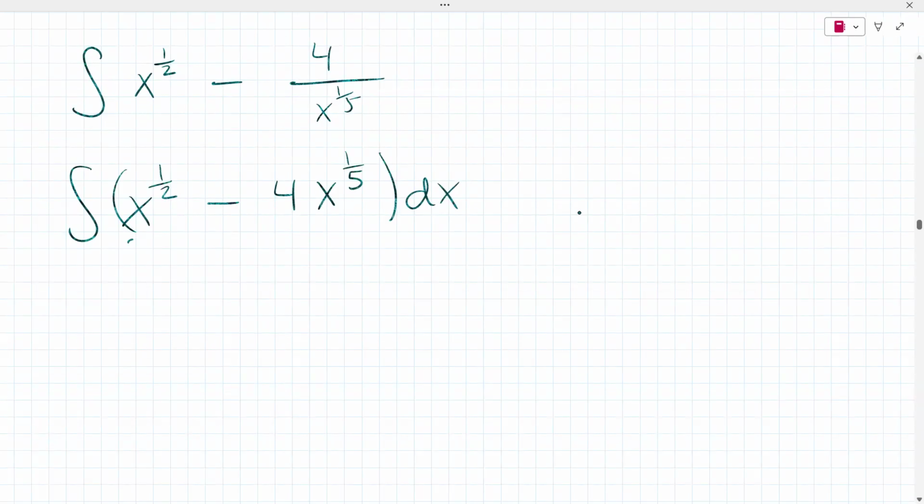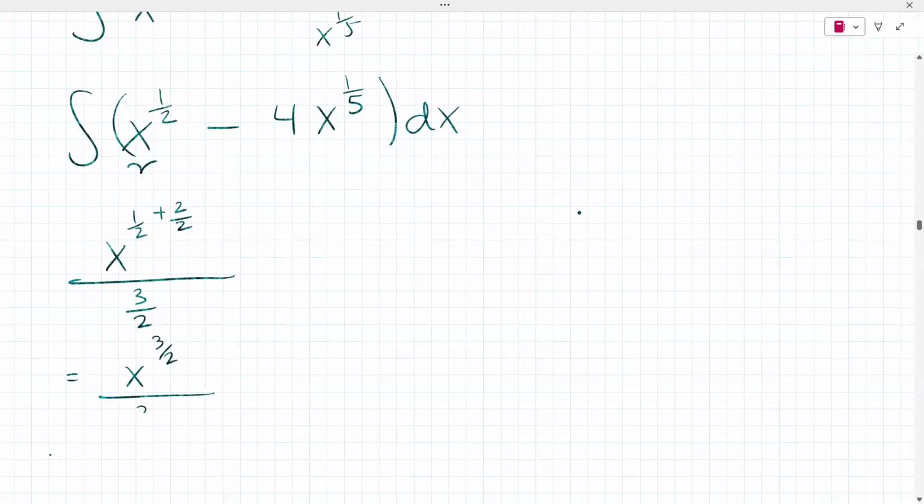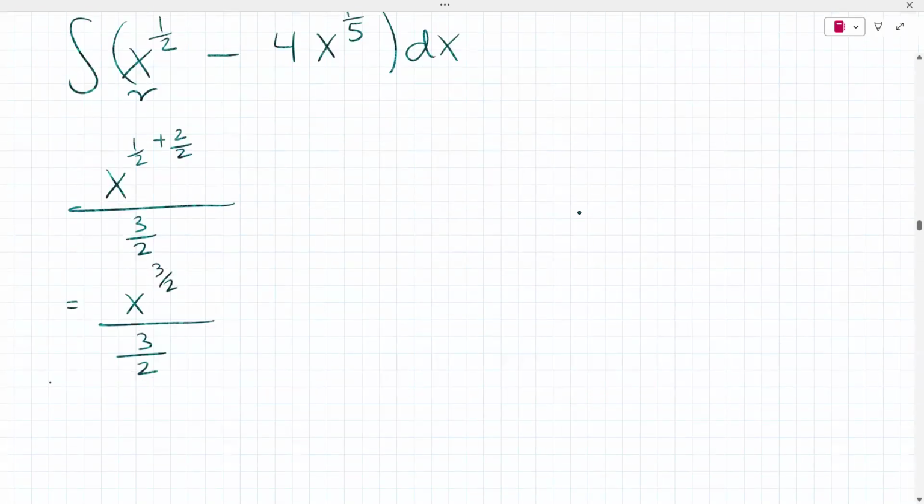So start with x to the 1/2. It's old power plus 1, so 1/2 plus 1, or we could use 2 over 2, divided by that power. So what's 1/2 plus 2 over 2? It is 3/2. So that is going to be x to the 3/2 over 3/2. So you get a complex fraction. We can fix that now.